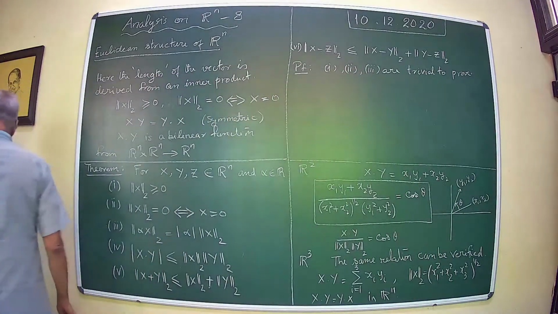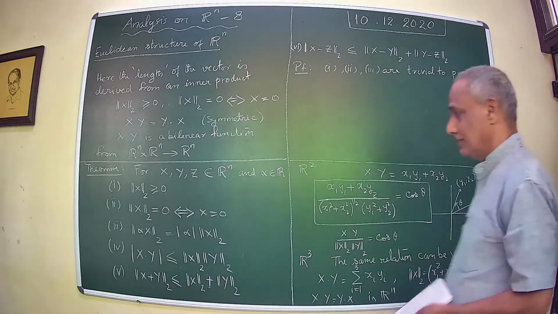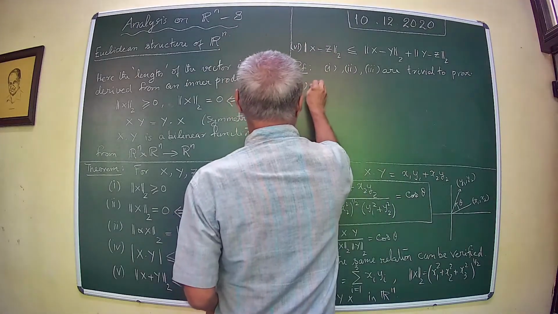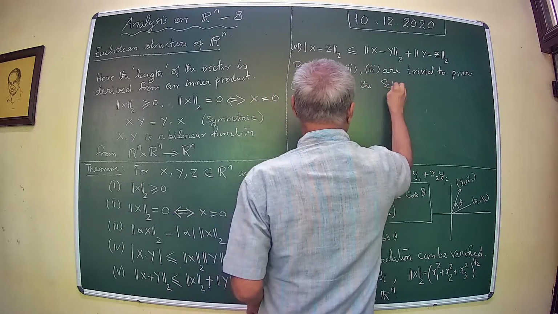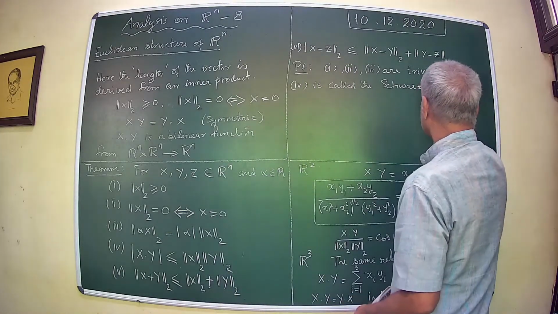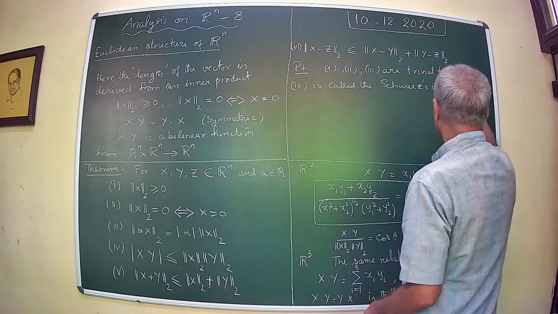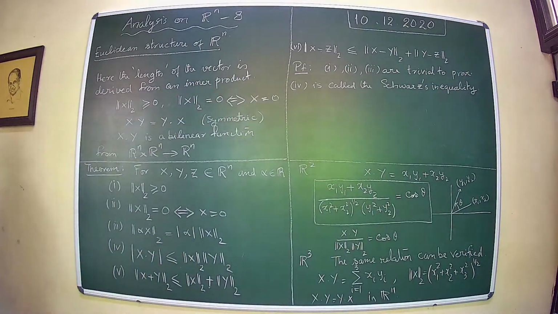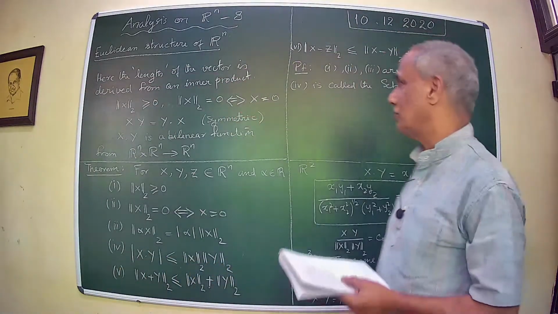The fourth one is a very fascinating one. This is called the Schwarz inequality. And interestingly, it's also called the Cauchy-Schwarz inequality, or Schwarz inequality in short form.